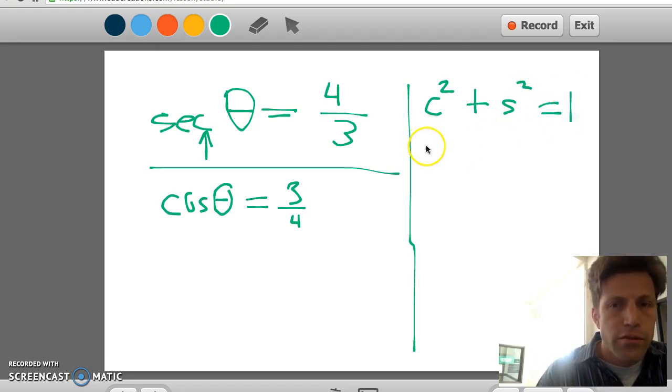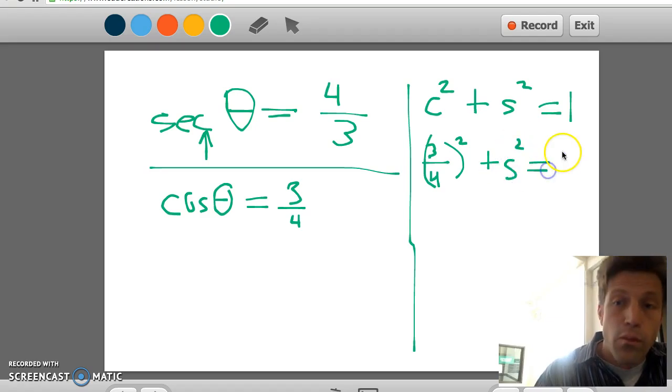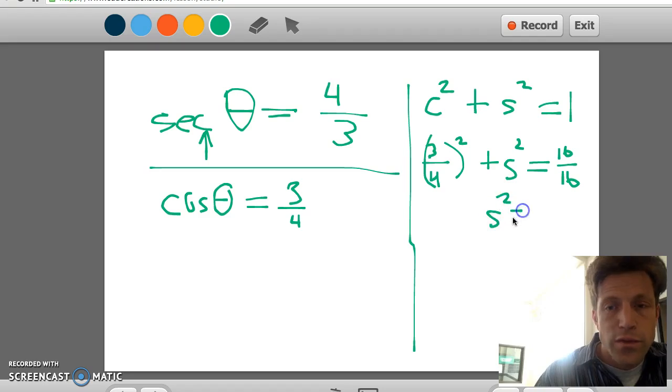We plug in 3/4 squared and get 9/16 plus sine squared equals 1, or 1 is 16/16. So when we subtract the 9/16 from both sides, we get sine squared equals 7/16. And so sine, square rooting both sides, is square root 7 over 4.